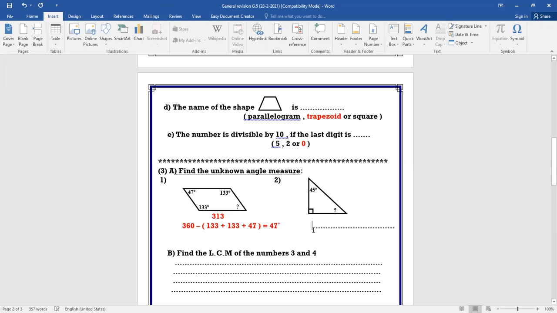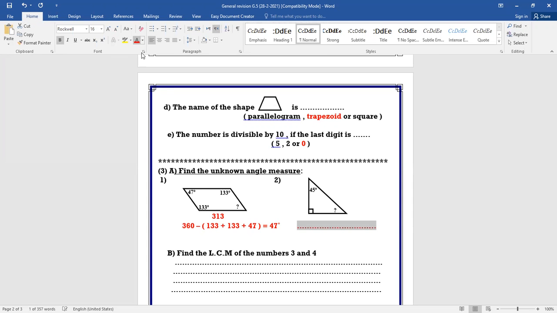How can we find the unknown angle in the triangle? Malak? Yes, mister. In the triangle, how can we find the unknown angle measure?